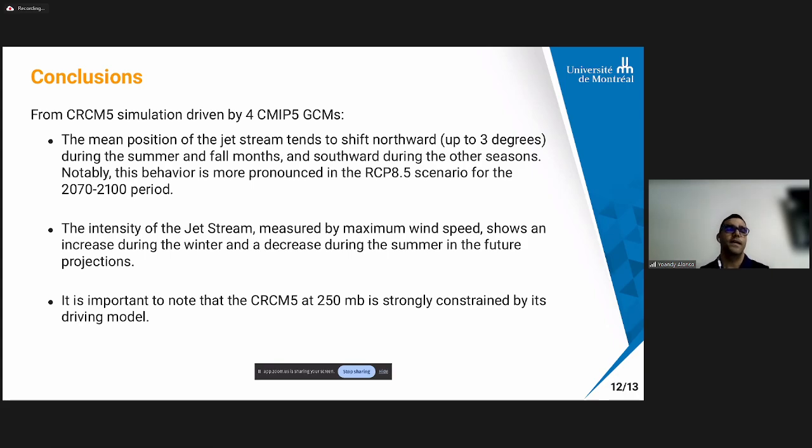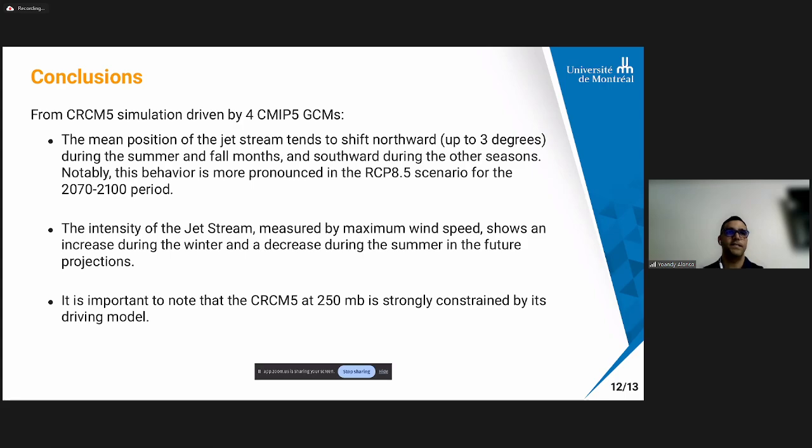So, as a conclusion, from the CM5 simulation driven by these four GCMs, first of all, the mean position of the jet stream tends to shift northward up to 3 degrees, more or less, during the summer and fall months, and southward during the other seasons. Notably, this behavior is more pronounced in the RCP 8.5 scenario for the 2070 until 2100 period.